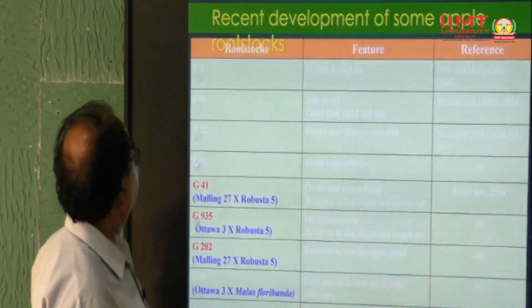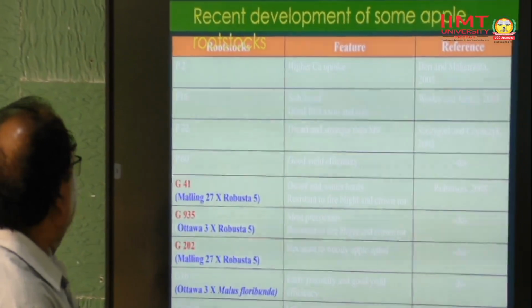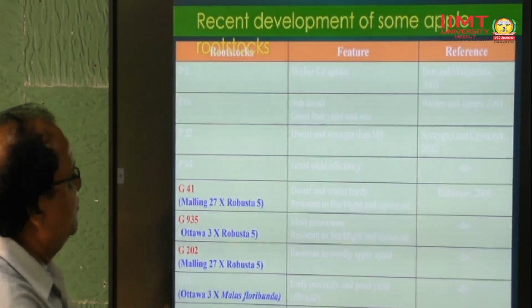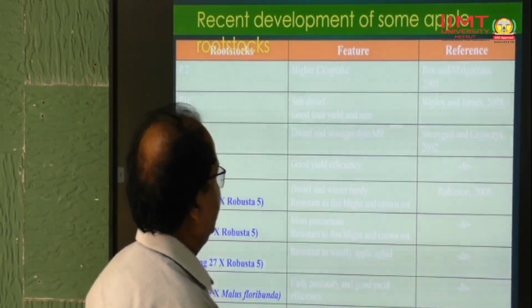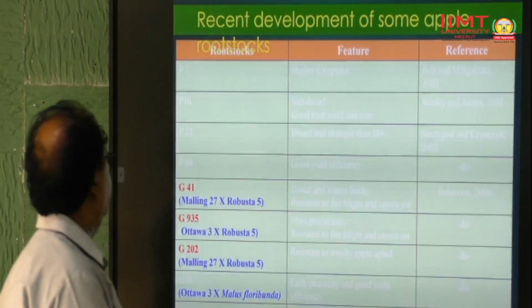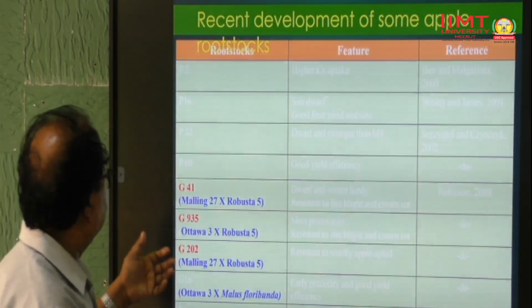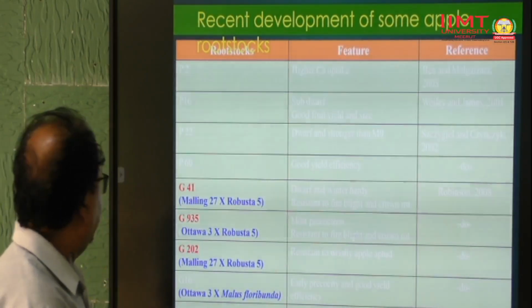Here are some recently developed apple rootstocks. P2 is a higher calcium uptake rootstock, as referenced by Ben, and Malgazeta 205. M16 is subdwarfing, with good fruiting, yield and size. P22 is dwarf and stronger than M9.